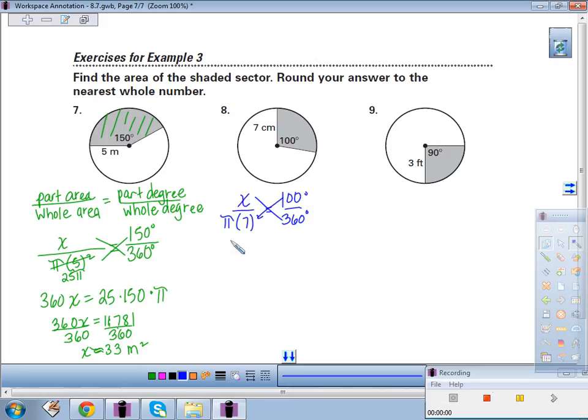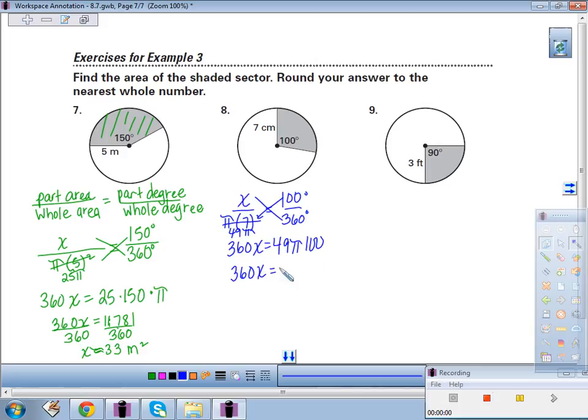Cross multiply, we get 360x equals, well here, we know that this would be 49 pi. So it would be 49 times 100, or times pi times 100. And we could go ahead and simplify that right side if we want to round here. 49 pi 100.